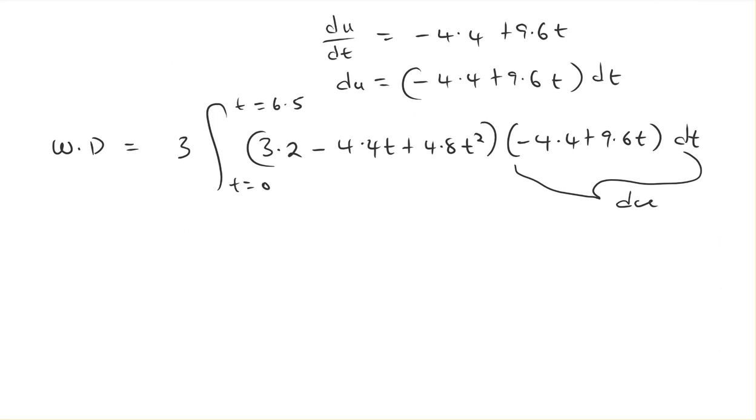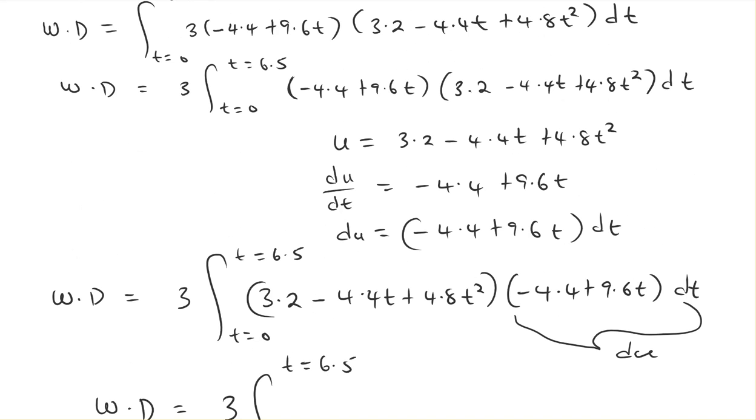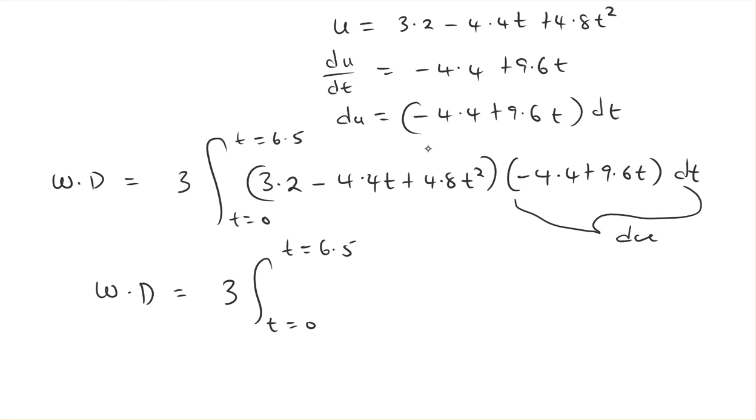Therefore, work done is now the simpler integral. We're still noting that t is 0 to t equal to 6.5. Remember, this first expression we called u here. So here u replaces all this, and du will replace all this.